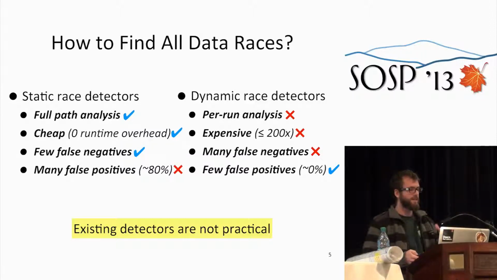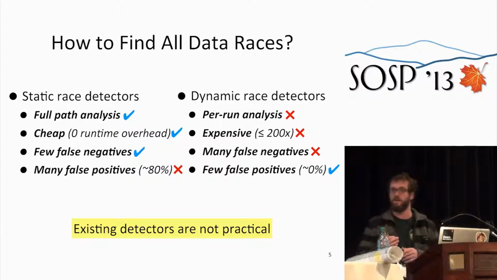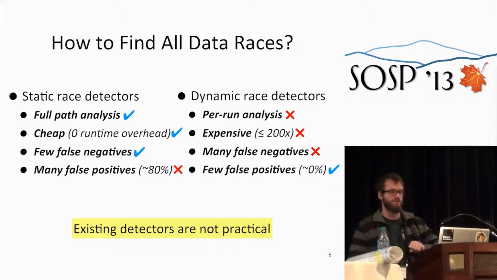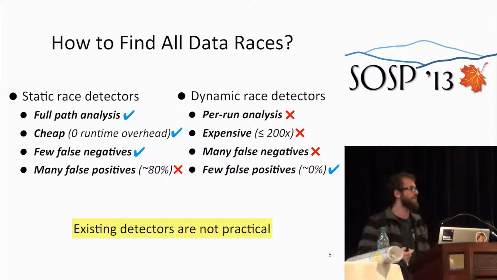On the contrary, dynamic detectors detect data races during actual program runs using a single path at a time, and they typically monitor all memory accesses and synchronization operations, and therefore they tend to be slow. But because they monitor actual program paths, they have few false positives. However, their analysis is limited to those paths, and they have many false negatives, that is, they miss the actual races.